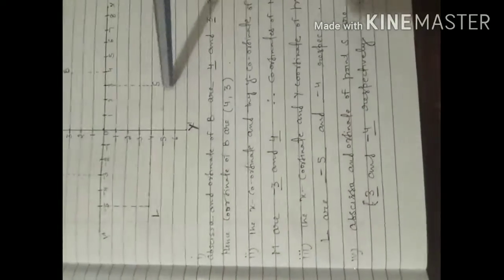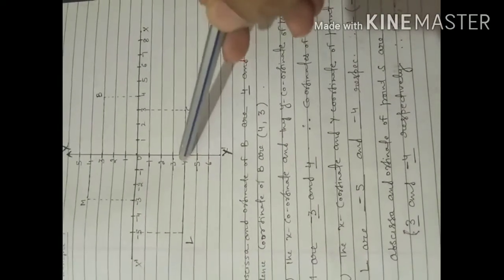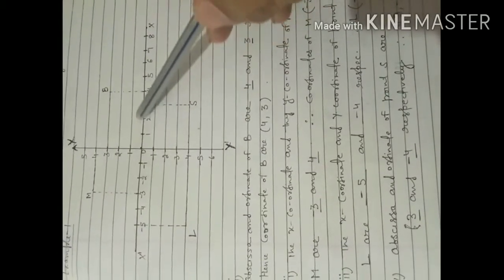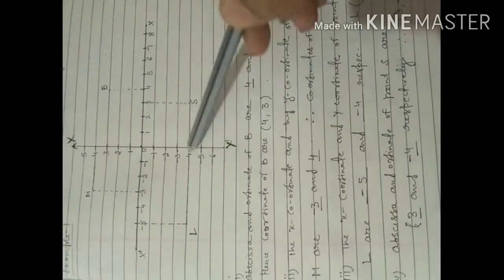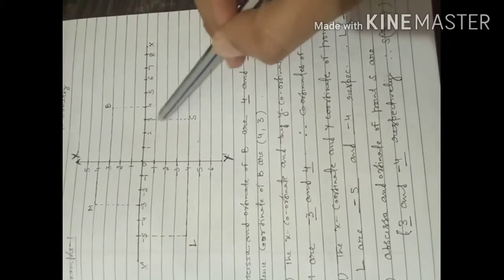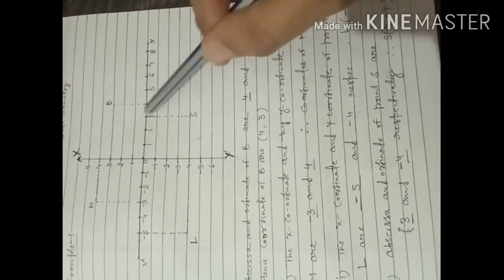Next one, abscissa and ordinate of point S. Now here is S. You can see the perpendicular from S on the y-axis. This is 3 units. And the perpendicular from S on the x-axis is equal to 4 units.